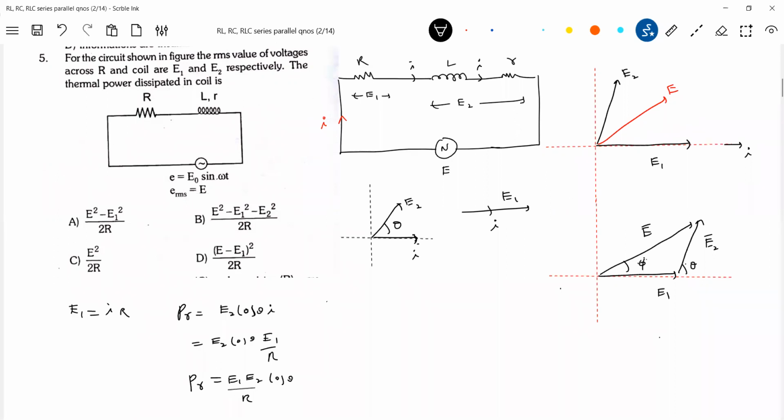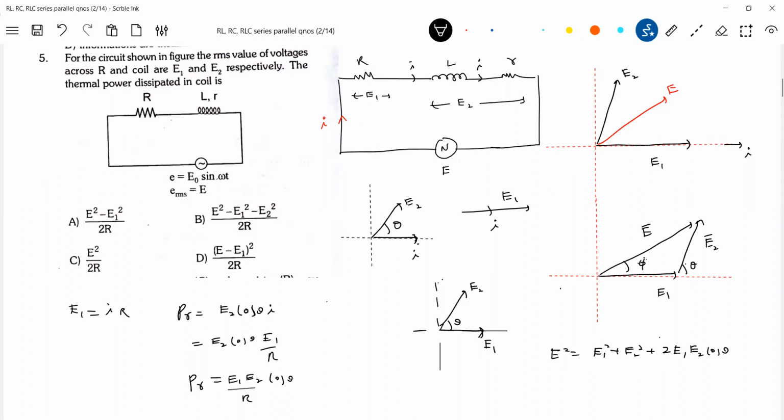Let's come for one more diagram I'll introduce so that it will be easy for you. This will be E1. In fact, this is E2. Sir, why are you writing E1 like this? What will be the phase angle of E1? It should be that of I. So the resultant of these two, E square, should be equal to E1 square plus E2 square plus 2 E1 E2 cos theta.